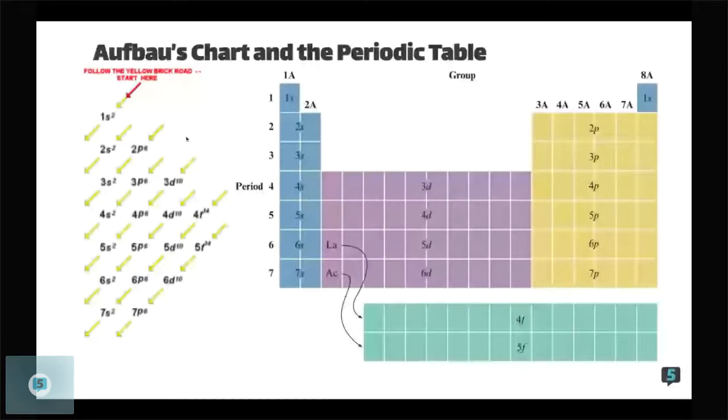Then 3s2, 3p6, 4s2, and do we remember what happens on this level, on the transition elements? Correct.